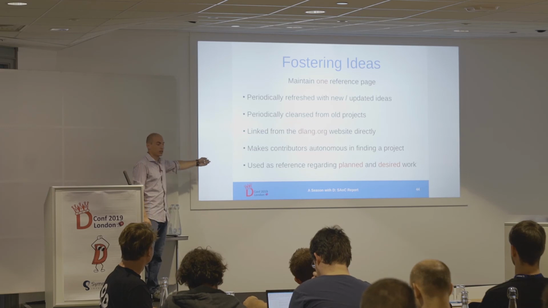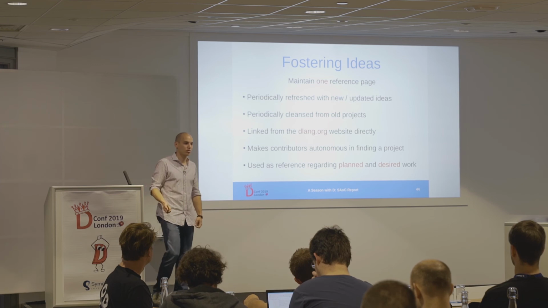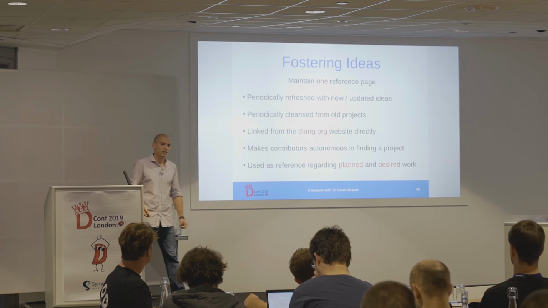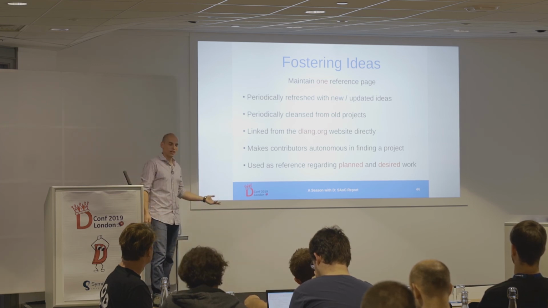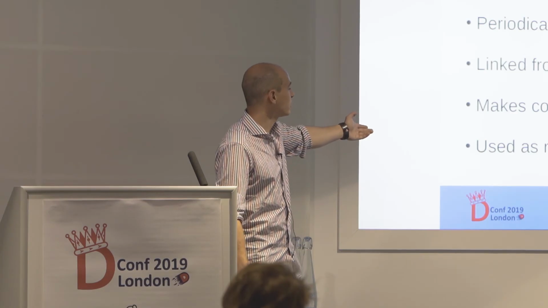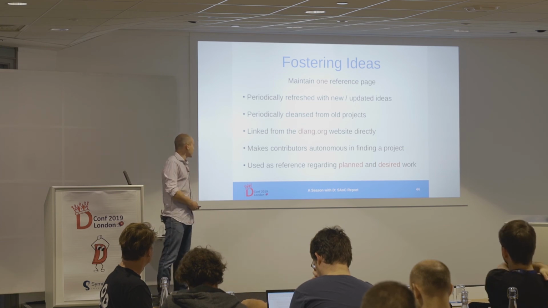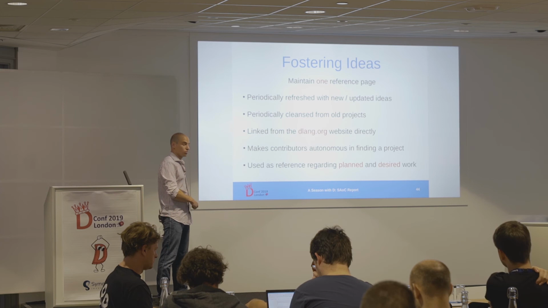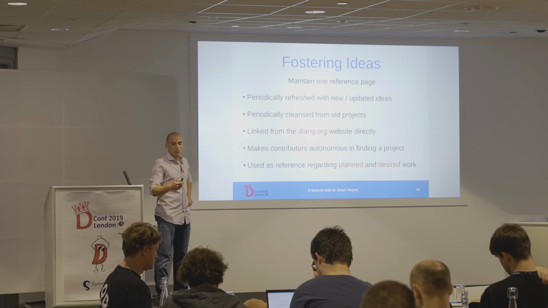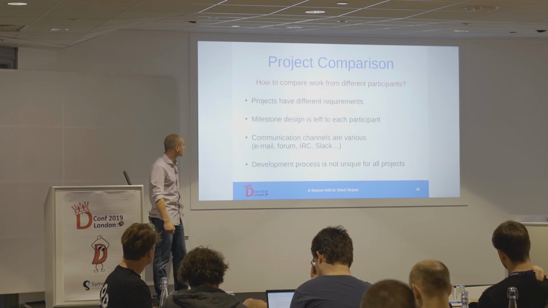The objective is making contributors autonomous, so that if they want to propose an application for the Symmetry Autumn of Code or the Google Summer of Code, they simply have to say, oh, there's this page, I go here, and I check the mentor associated with a proposal. It might not be a mentor, it might be a maintainer, it might be someone who's responsible for that, it doesn't matter. But I think it could be very useful as a reference for planned and desired work which is needed in the community.